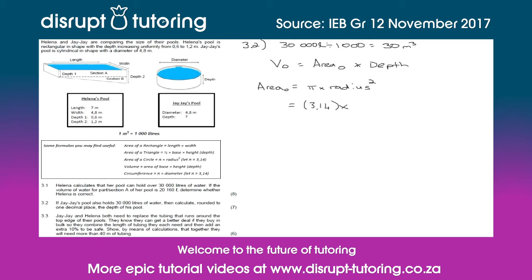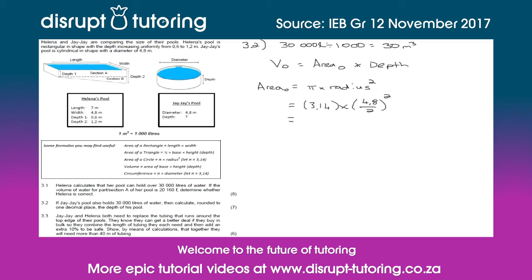They've only given us a diameter, but remember, diameter is actually 2 times your radius. So half your diameter is your radius. So your radius in this case will be 4,8 divided by 2, and this whole thing is squared.